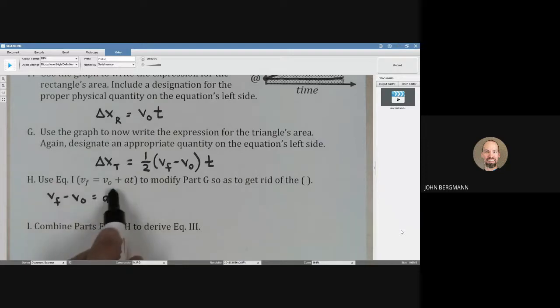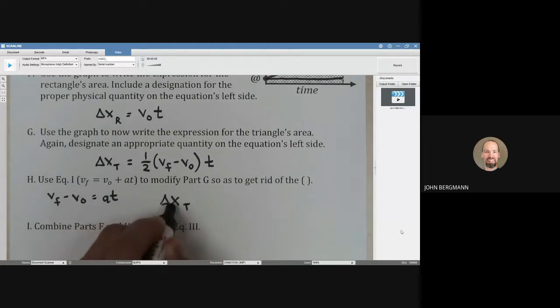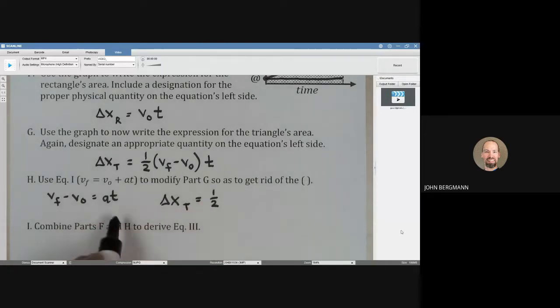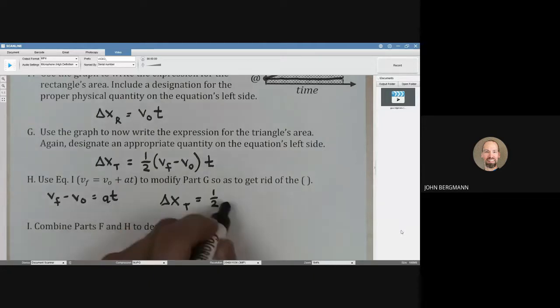From this equation here, if you subtract V naught from both sides, don't you get that? Well, VF minus V naught is right there. So I think that portion is going to be 1/2 times A times T, which is 1/2 A T squared.